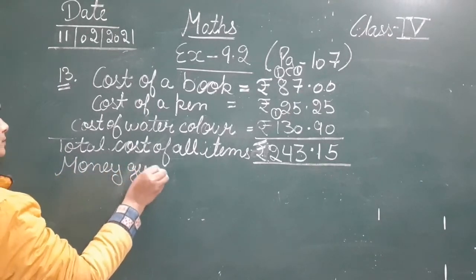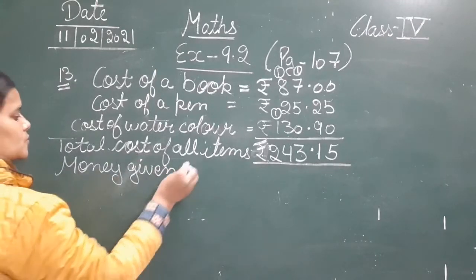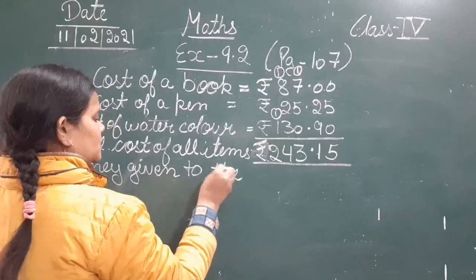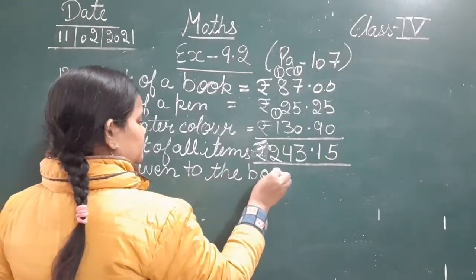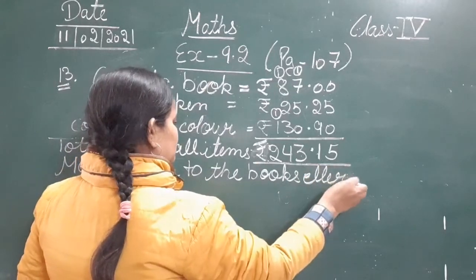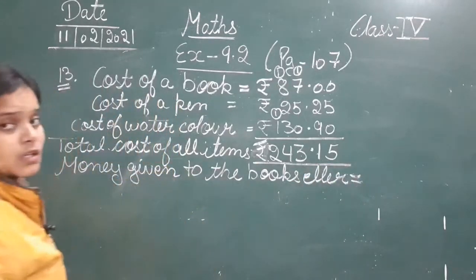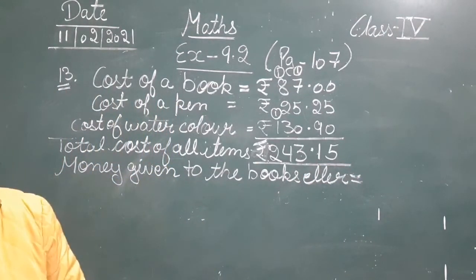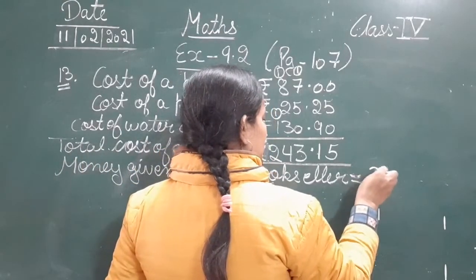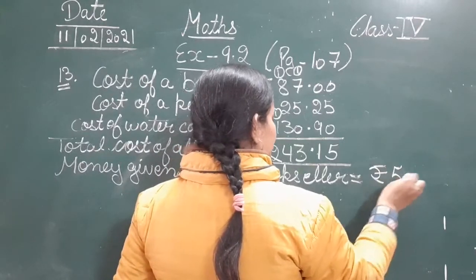So money given to the bookseller is rupees 500.